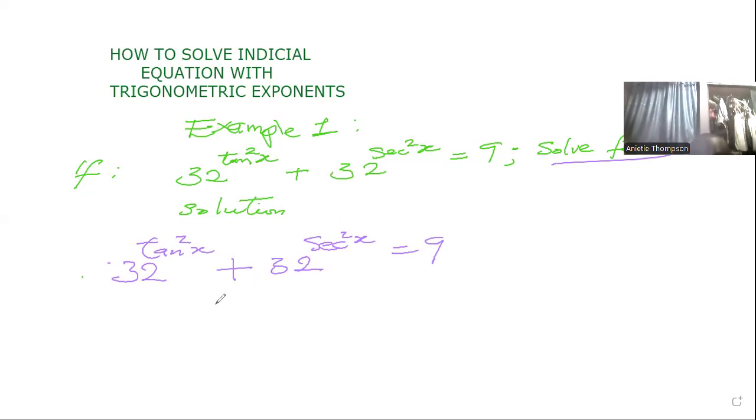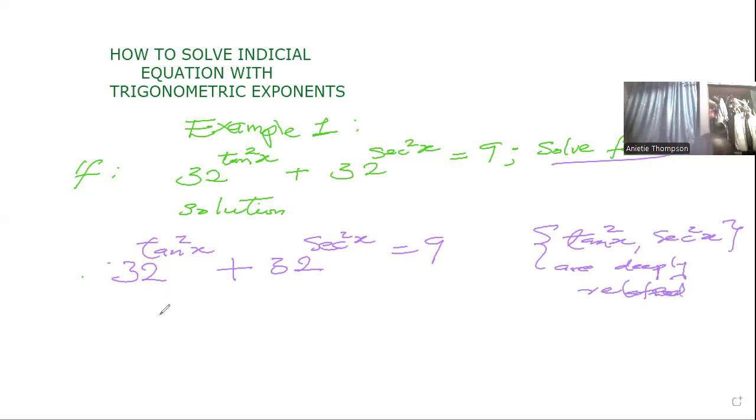From a trigonometric point of view, I'm going to show you where this and this relate. Tan square theta and sec square x are deeply related, so you pick the formula from there.